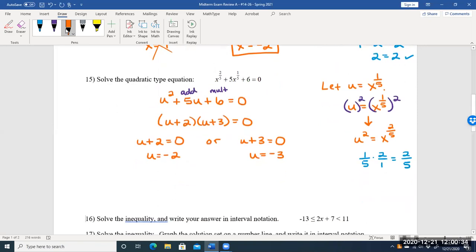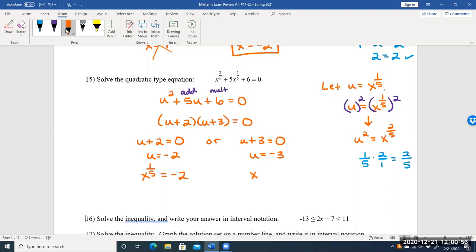Okay, now that's wonderful, but I have not solved the original equation. The original equation contained the variable x, not the variable u. So from here, we back substitute. So at the beginning, I defined u to be x to the 1/5.